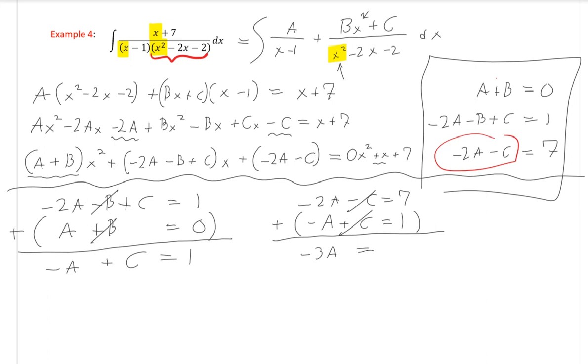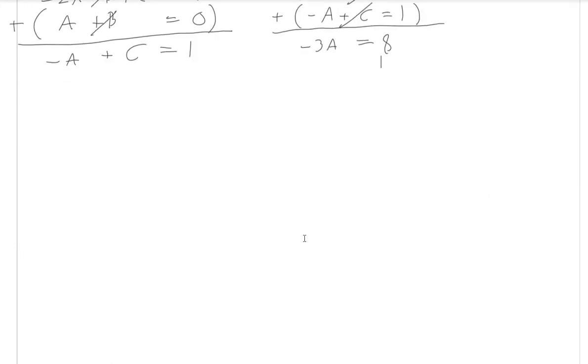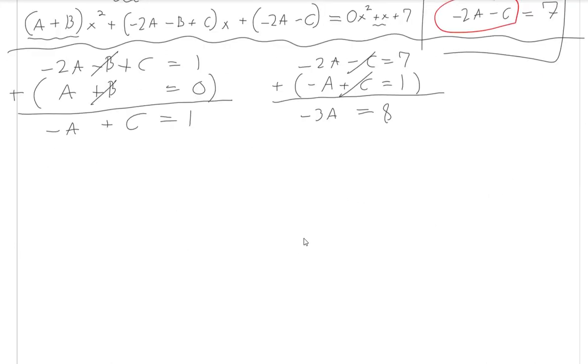And on the other side, I get 7 plus 1 is 8. So I don't get as nice of a number here. If I divide that negative 3 over, we get a equals negative 8/3, which I'll keep track of again over here. A, B, and C, we're looking for all three of these. A we got is negative 8/3.